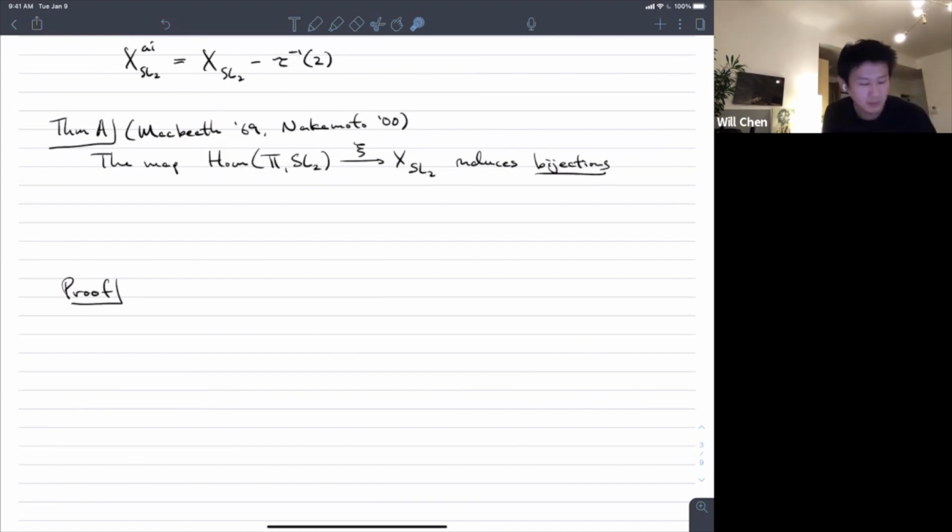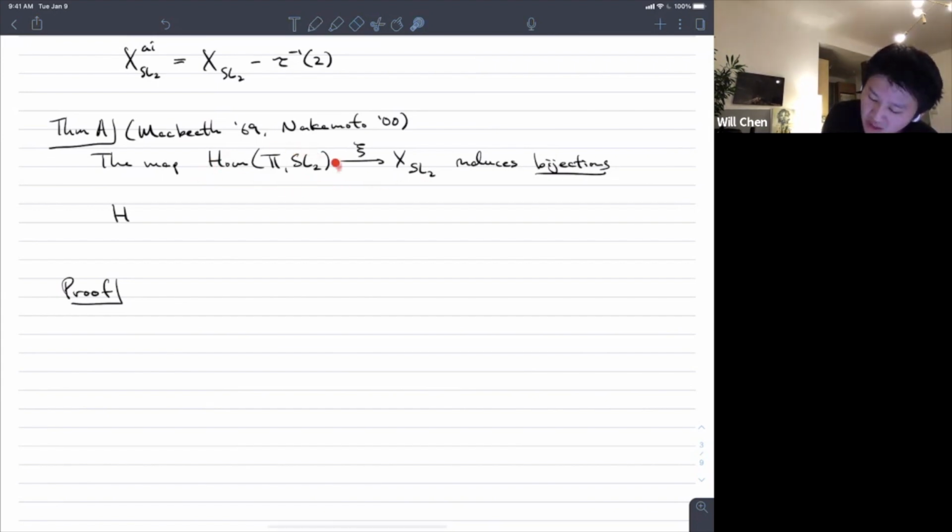But it's also due to much more recent work and more general results of Nakamoto in 2000, where he proves very general results, which I'll go over briefly, about character varieties for arbitrary groups in arbitrary degree.